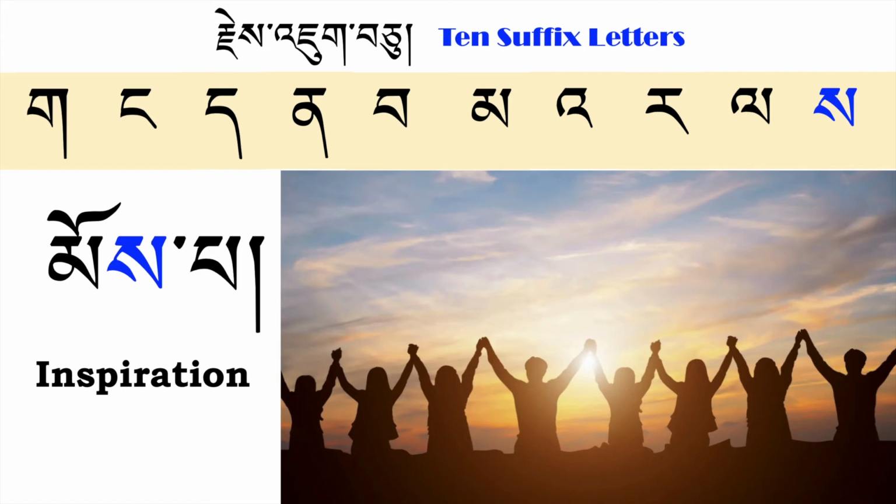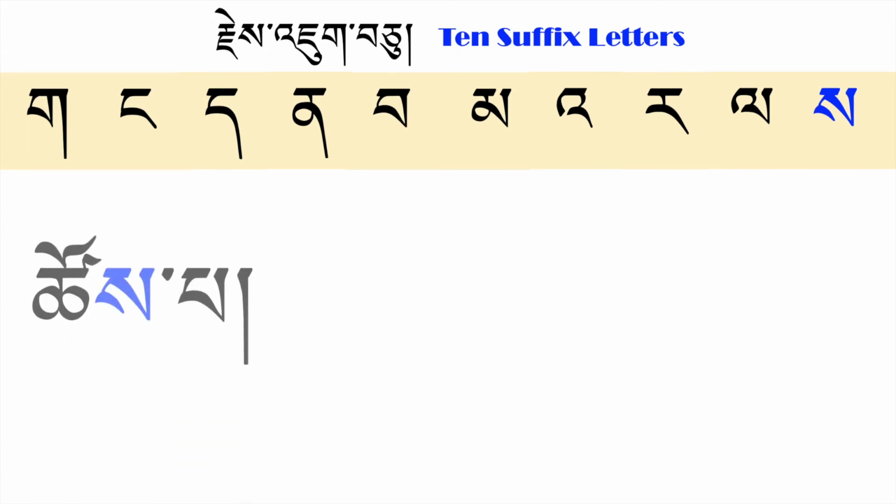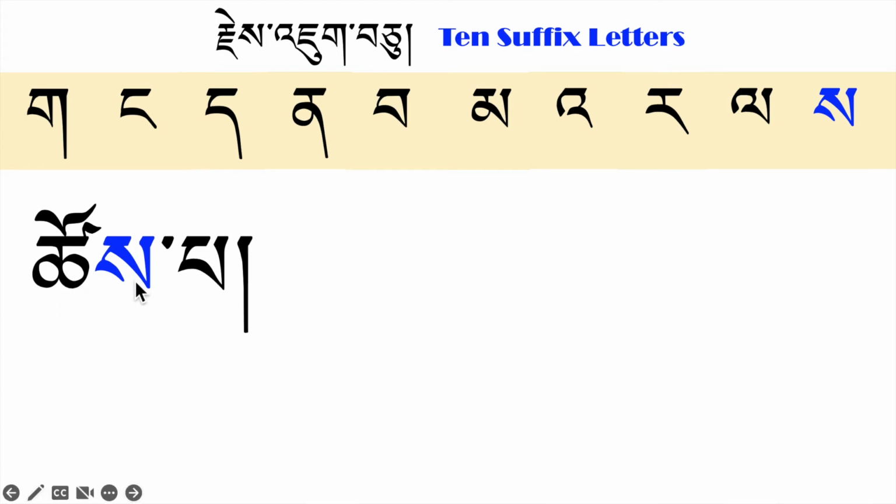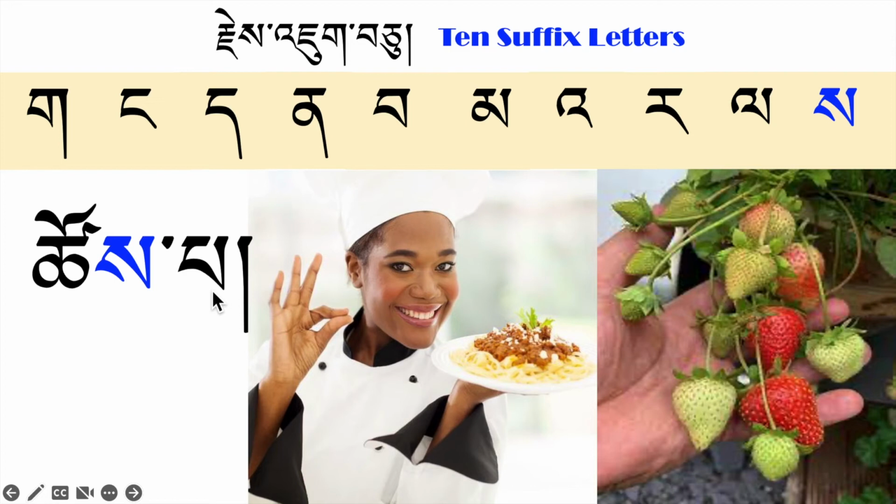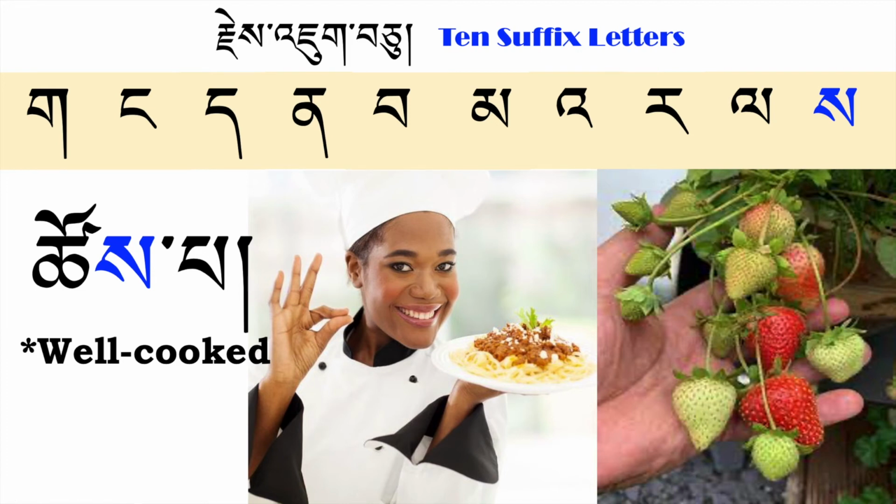Next, cha naru cho, sa, che pa. Chepa. Chepa has two meanings. The first one is well cooked. Whenever the food is cooked and ready to eat, it is called chepa. The food is ready: kala chepa. The second meaning is ripe.